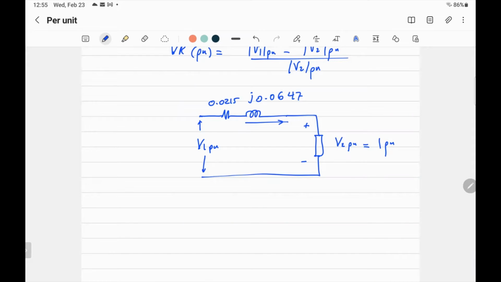What about the second side? If you are using a different base, then you have to calculate the actual value of the current and divide it by the new base.